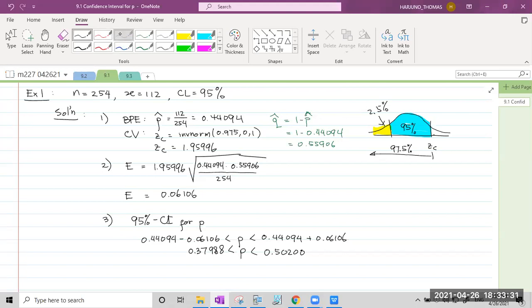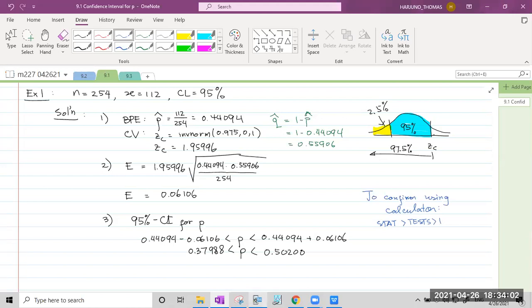To confirm using the calculator, you will go to stat, test, and then you go to one.